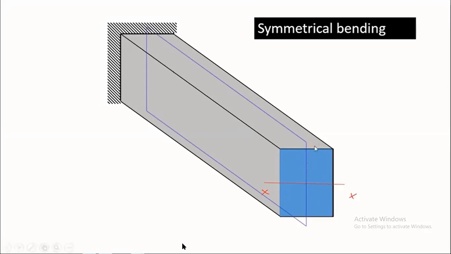Now, if the beam is subjected to a load as shown in the figure here, the plane of loading and the plane of symmetry, if they coincide with each other, then such a bending is called symmetrical bending.